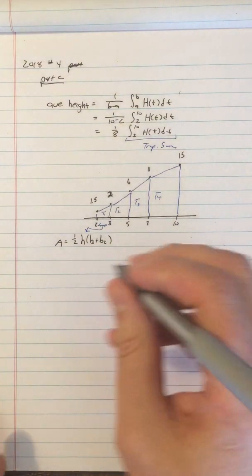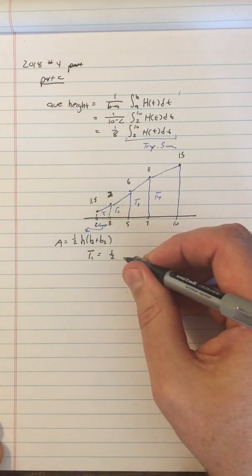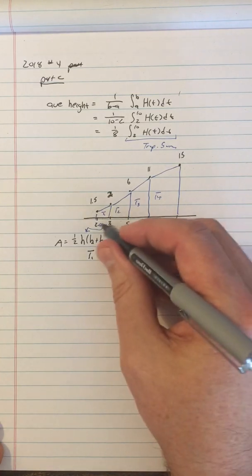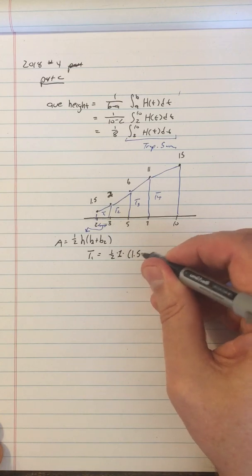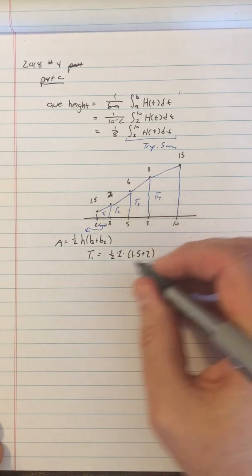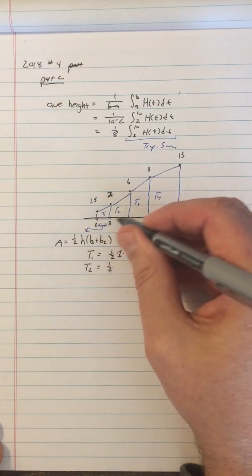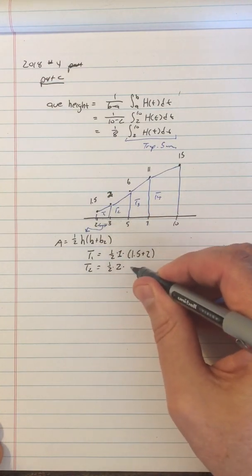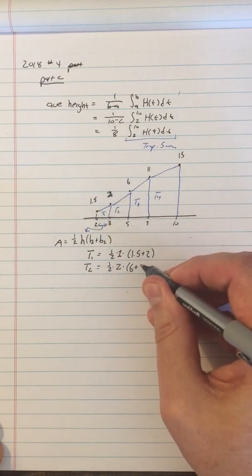So this delta x, that's actually your height. That gives me the first trapezoid: 1/2 times 1 times 1.5 plus 2. The second one, trapezoid 2, is 1/2 times my delta x this time, 2, times 6 plus 2, my b1 plus my b2.